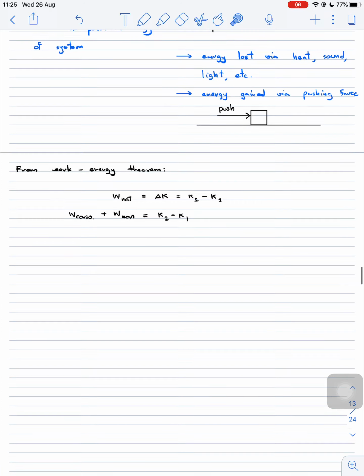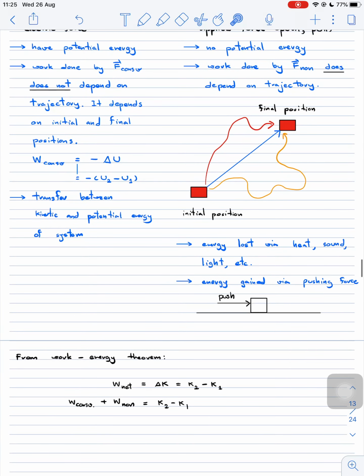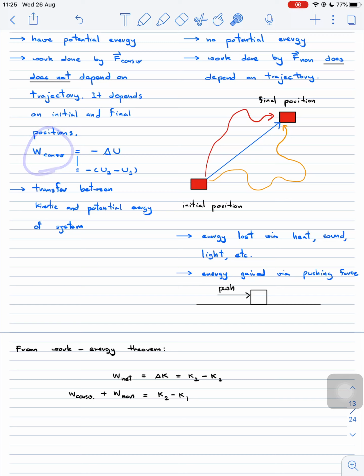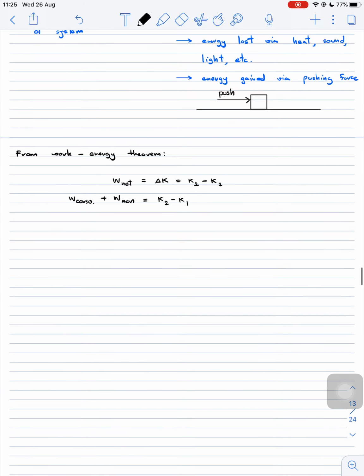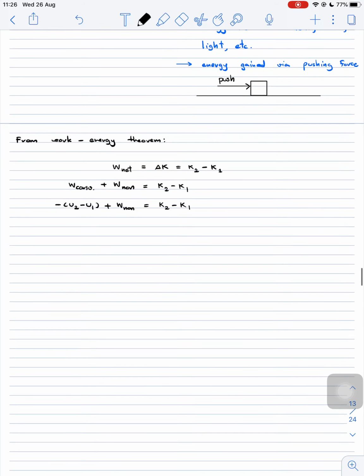But then again, we said that the work done by the conservative force is equal to minus of U2 minus U1. So here we have minus the U2 minus the U1, and then plus the work done by the non-conservative force equal to K2 minus K1.